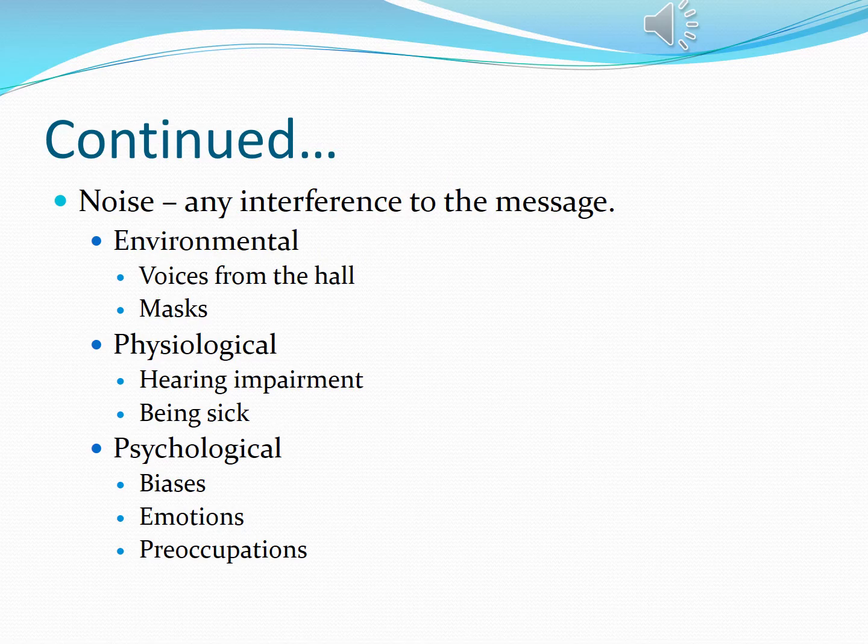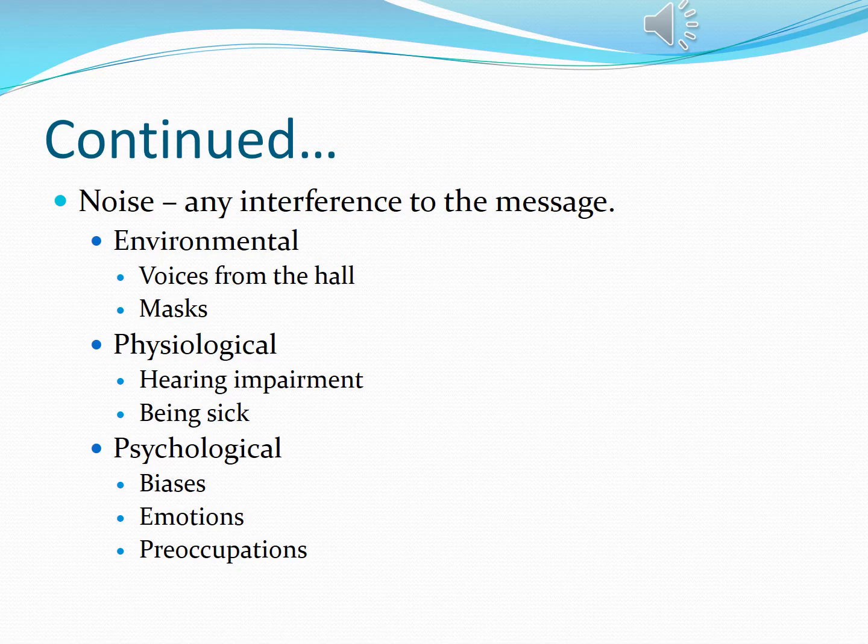You may be trying to have a conversation with somebody face to face, but there's some other loud talking going on next to you or out in the hallway. It could be somebody's cell phone ringing and interrupting the conversation. In this particular day and time, it could be someone wearing a mask covering up their face, hindering your ability to hear what they're saying. That's all part of environmental noise.